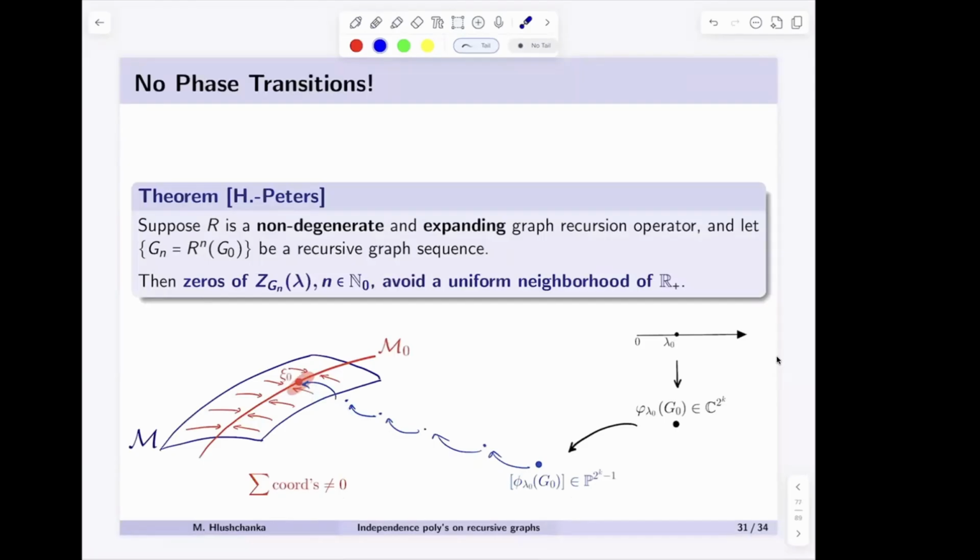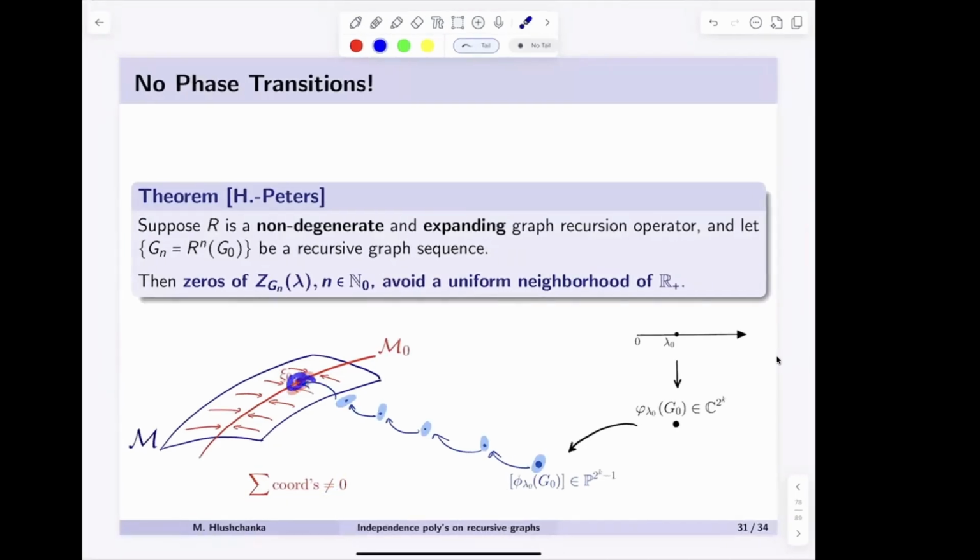So basically now we could choose a neighborhood here, but the sum of the coordinates is still not 0. And we know that if we start in this neighborhood, we will basically converge to our submanifold here. In particular, our sum of the coordinates is still not 0.